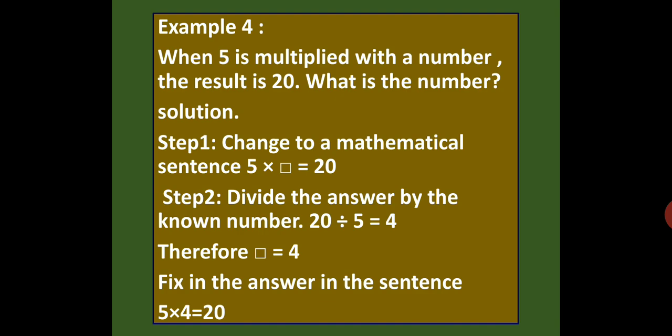Therefore, the box is what? 4. Now, check. Multiply 5 by 4 and see what we get. Did you get 20? Yes. So 5 times 4 is 20.